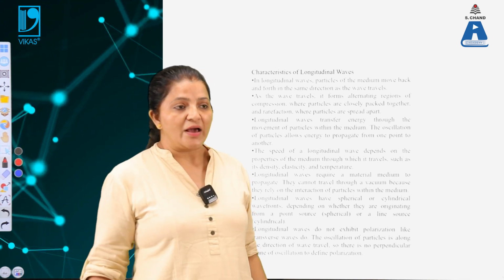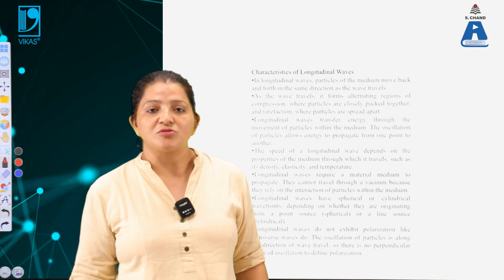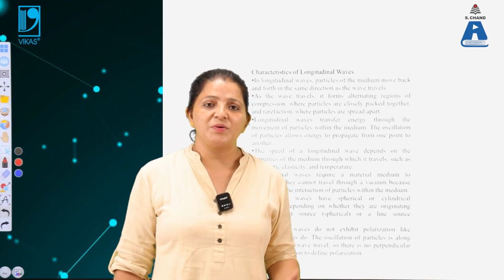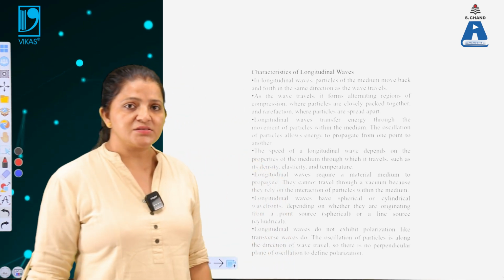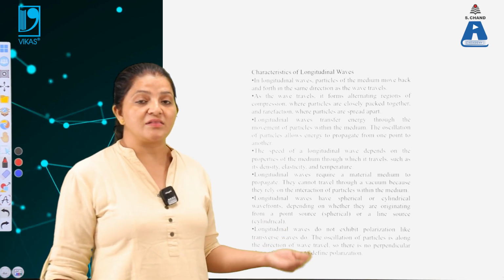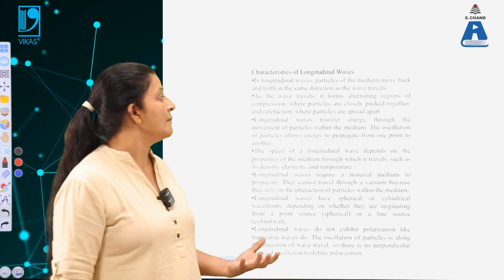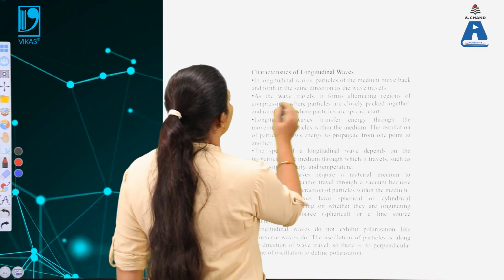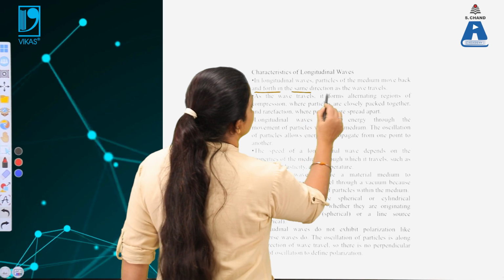Transverse waves can be characterized by frequency, time period and wavelength, while the longitudinal wave can be characterized by the compression and rarefaction of the spring. In longitudinal waves, the particles of the medium move back and forth in the same direction.